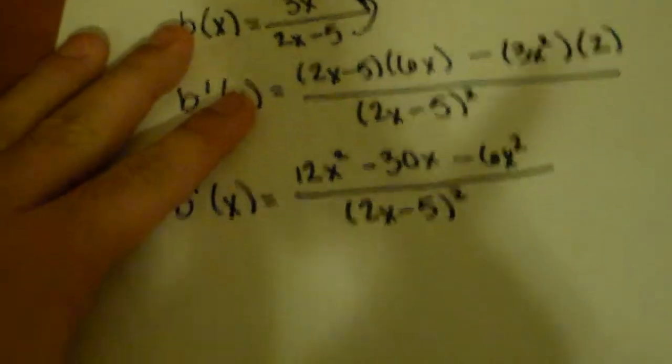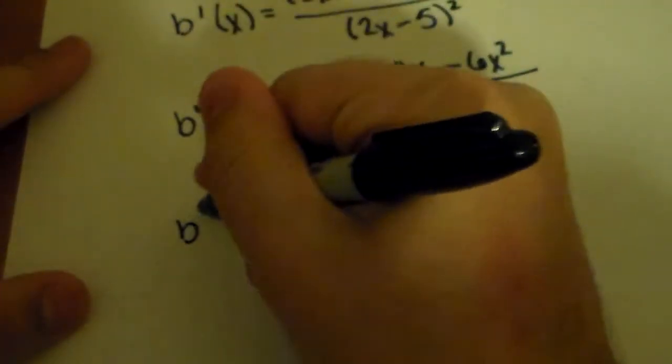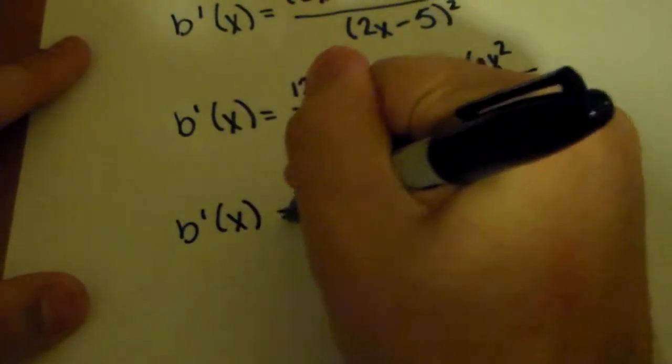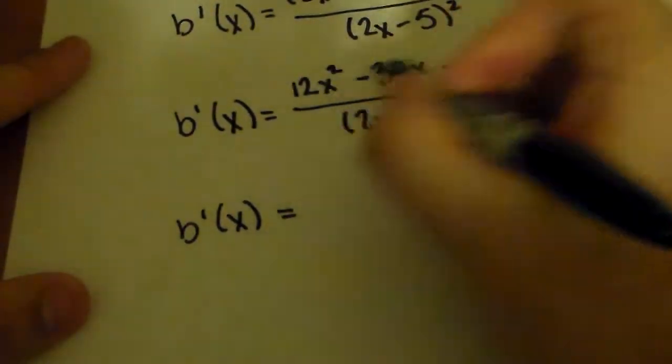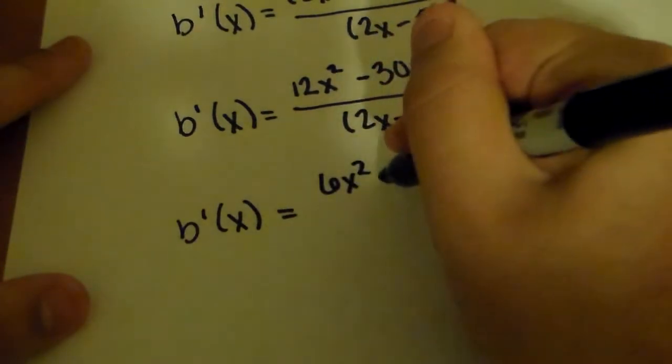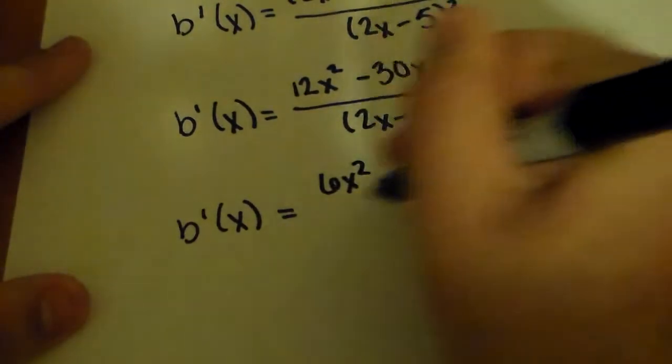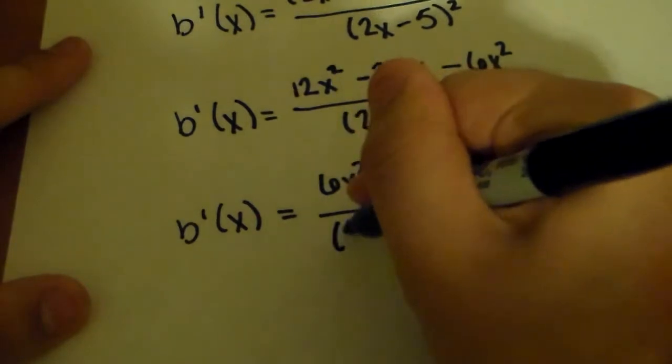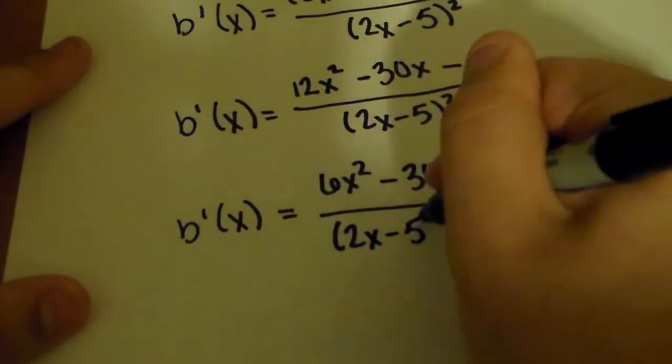To simplify that more, we can do b prime of x equals 12 minus 6 is 6x squared minus 30x all over 2x minus 5 quantity squared.